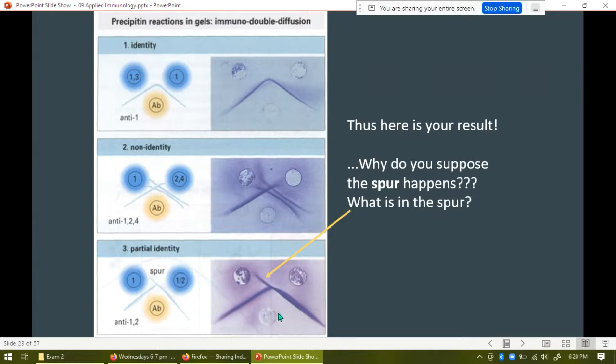Basically antibodies from here have diffused in this direction, and they're specific for epitopes of antigen 2, right? So they skipped past antigen 1 until they finally met their fate with antigen 2 right here.